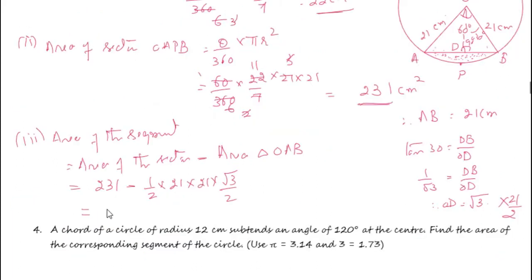So this can be written as 231 minus 21 into 21, 441 root 3 divided by 4. This entire thing I won't simplify, so many centimeter square.